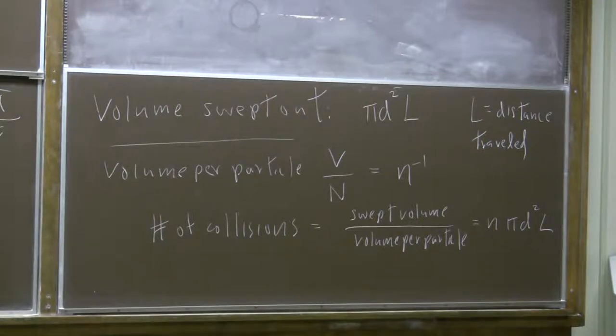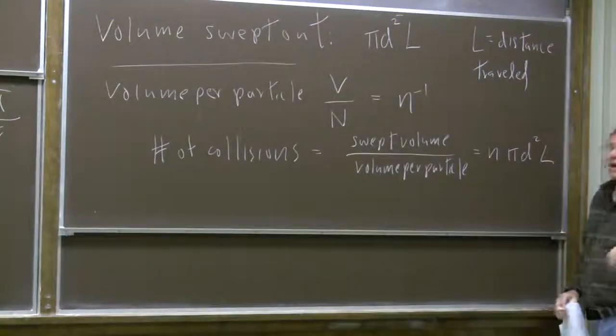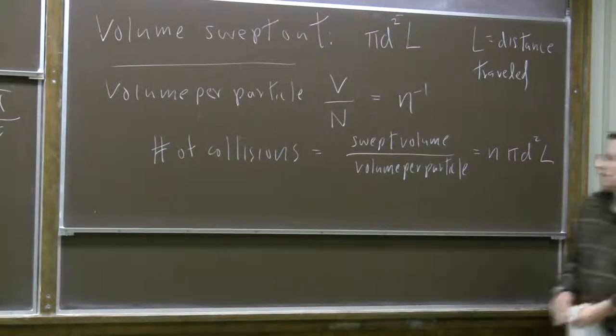And we'll call the mean free path the typical distance that the particle travels before a collision occurs. So when the number of collisions is 1, that means the particle has moved distance L given by the mean free path.